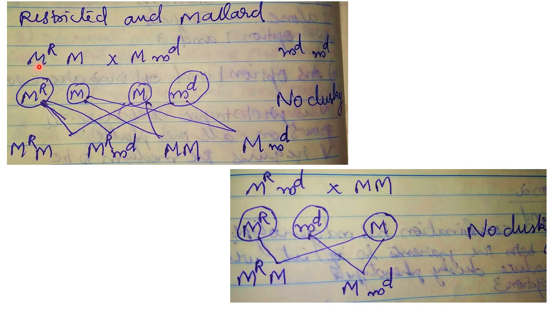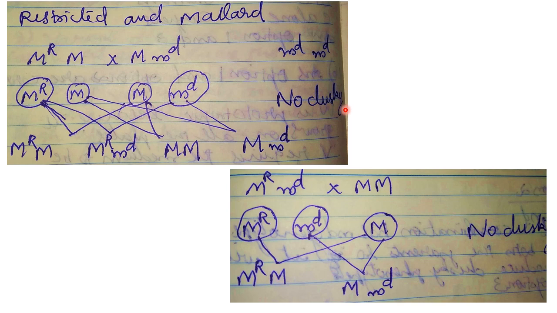So capital MR, capital M into capital M, small md. Now small md occurs only once here. Only if small md is present in both the parents will you get the dusky phenotype. See over here the crosses: MRM, MRMD, MM, MMD.